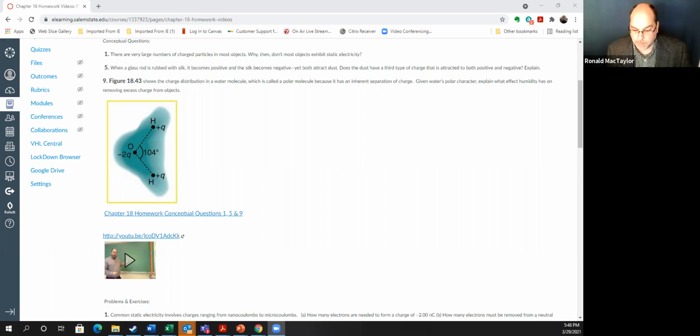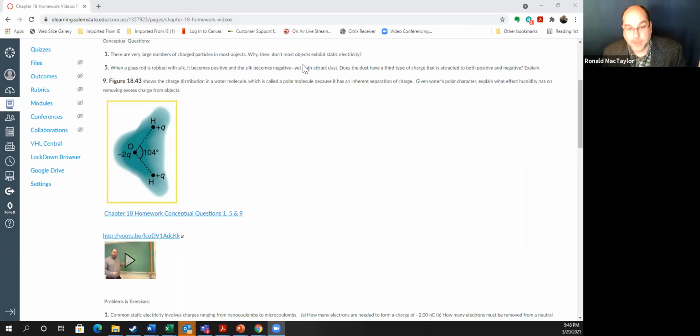All right, coming back again, and I'm seeing questions in chat, and that is good. So just to orient us again, there is a very large number of charged particles in most objects. Why aren't they always exhibiting static electricity? Because everything is made up of protons, neutrons, and electrons.